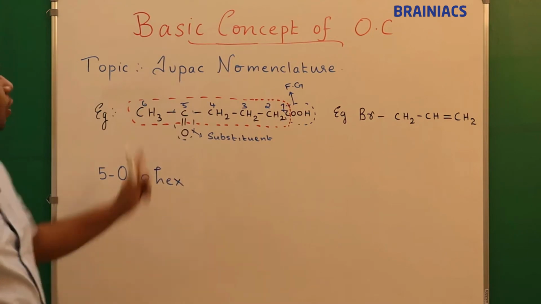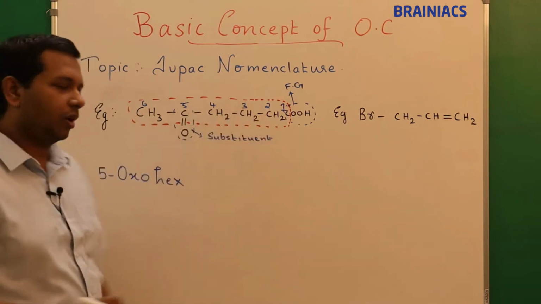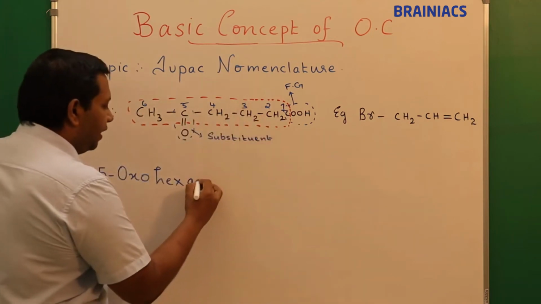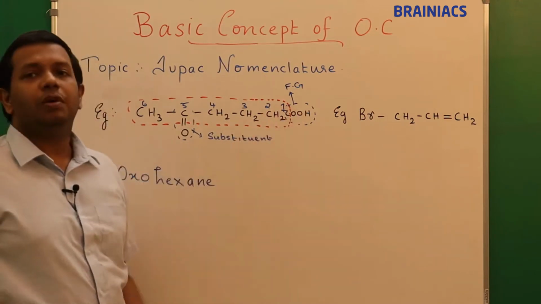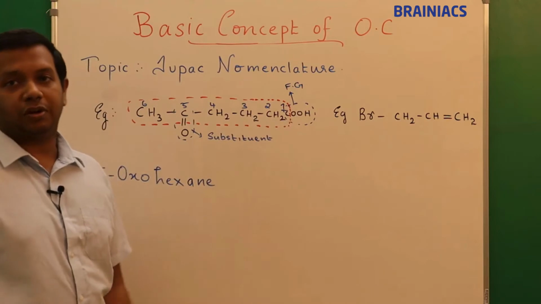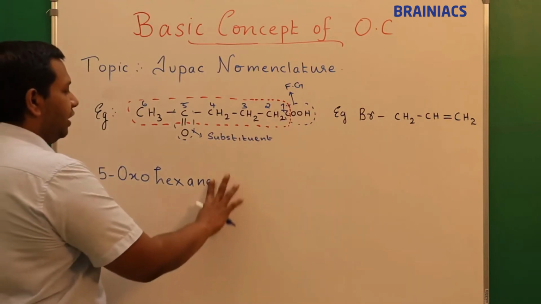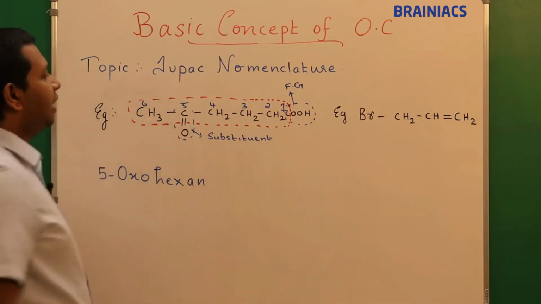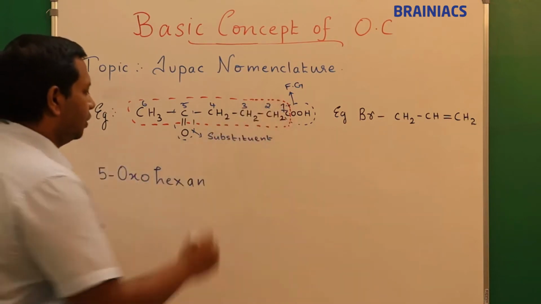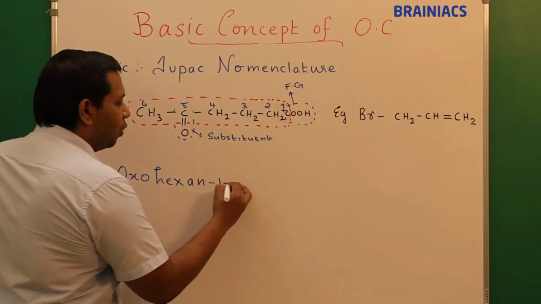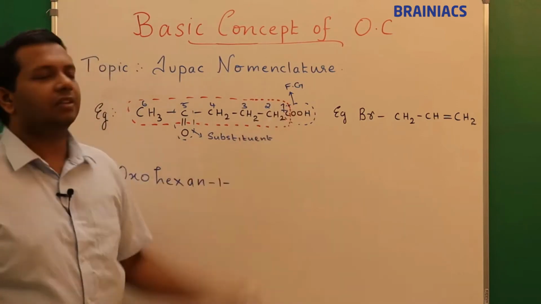Now we will see all are linked by single bond. So I know that it is ane. Correct. But you need to remember here there is a functional group, so the secondary suffix is also required. So I can remove the e. Then I know the position at which the functional group is present, first position. So I will write hexane 1. Then I know what is the COOH.